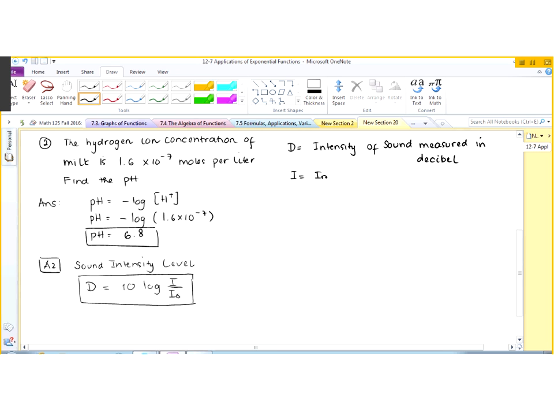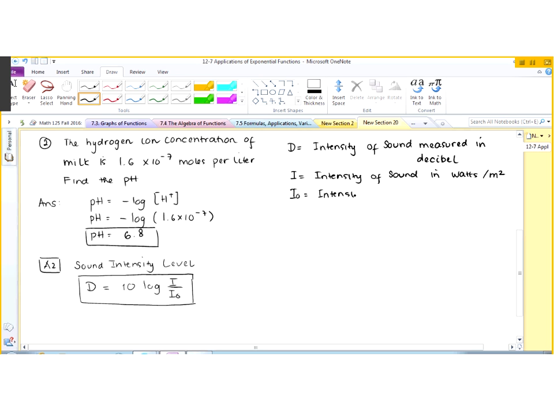What is I? I is the intensity of sound, and the unit is watts per meter squared. We actually changed the unit on this. And what is I naught?